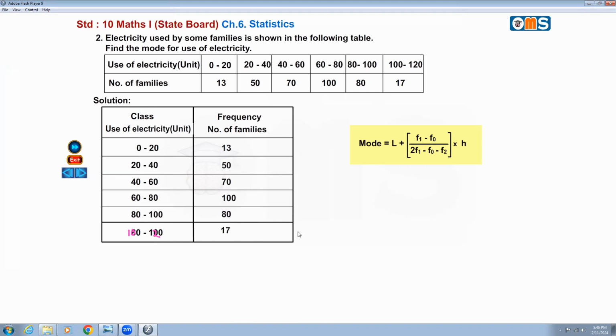Okay. Now, what is the highest frequency?